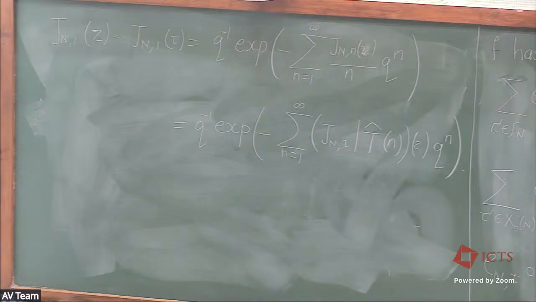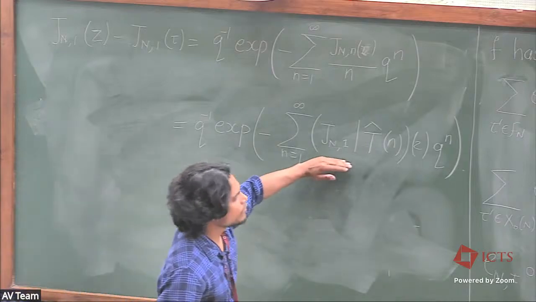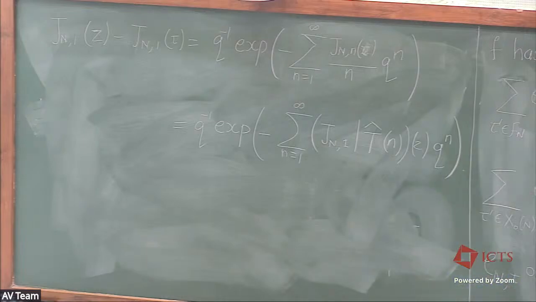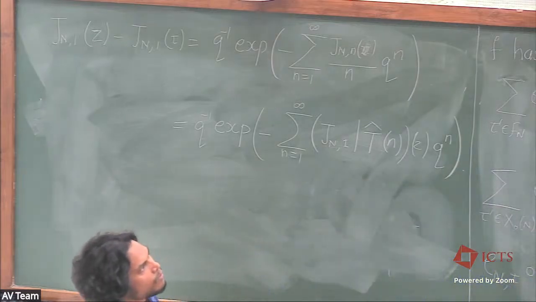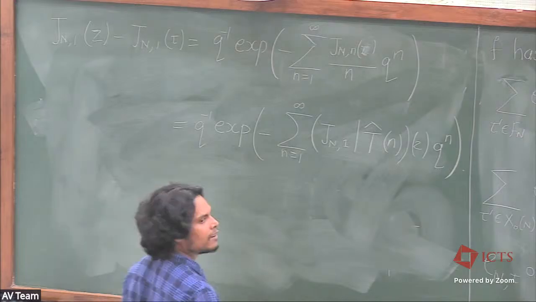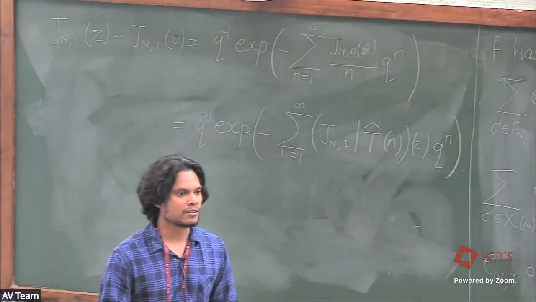Now, all we need to do is substitute the expression for this action of equivariant Hecke operators, do a few steps, and then we'll arrive at the infinite product identity. So let's see. Are there any questions, or I'll go on and do this calculation?